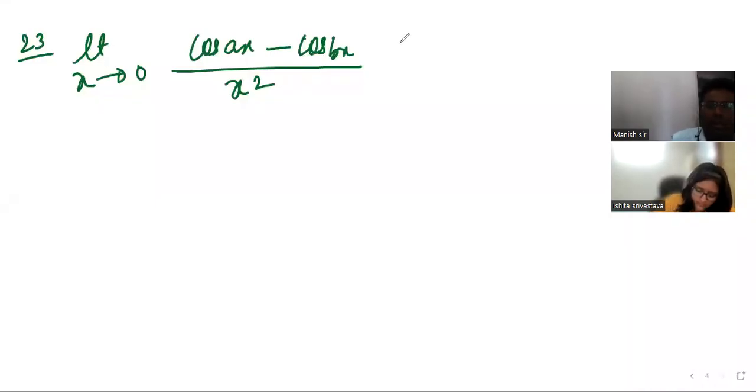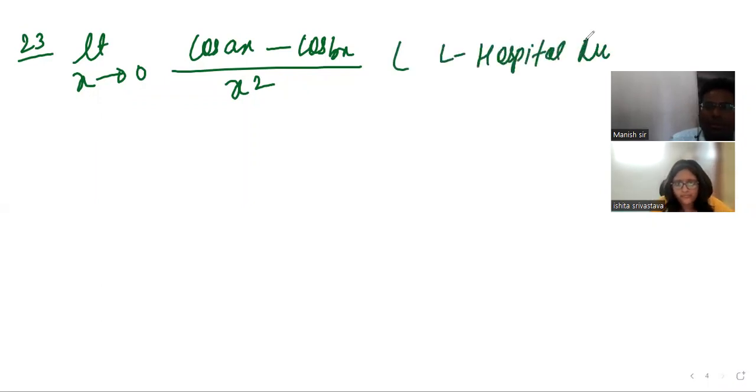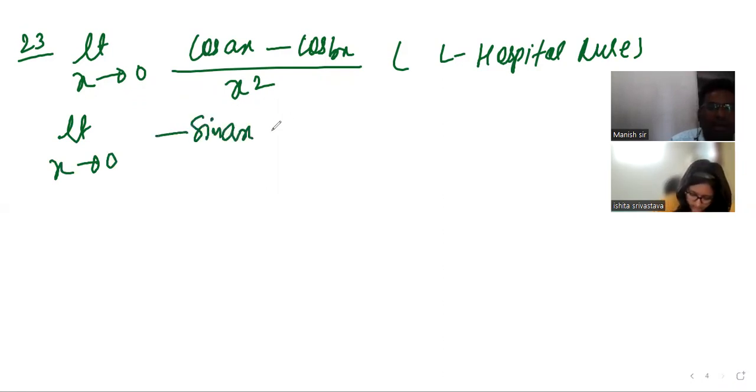Now we'll apply here L'Hospital rule for this question. So it is limit x tends to 0. Cos differentiation is minus of sin ax, and differentiation of ax will be a only, right?